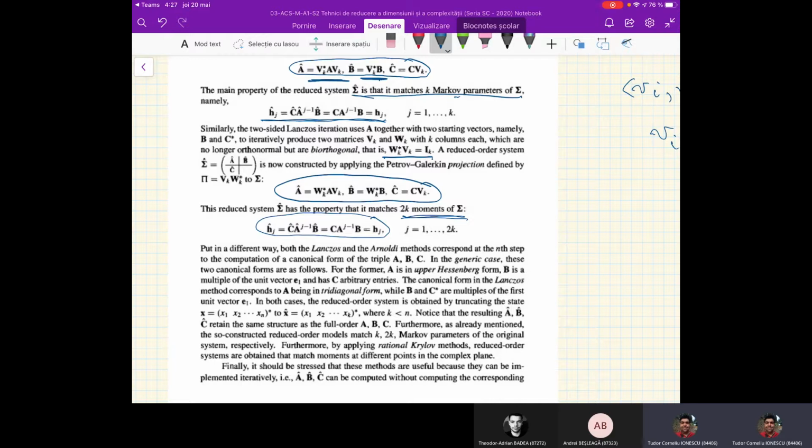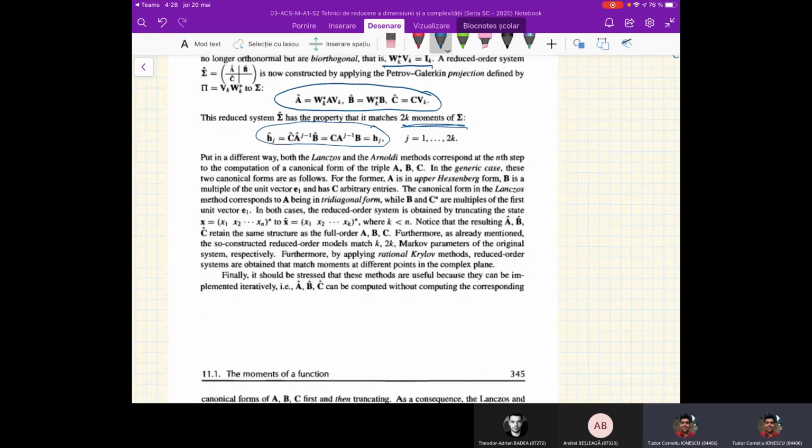This time, if you look closely, you match a number of Markov parameters twice the size of the reduced order model. So this is more accurate. With Arnoldi it's very simple, but with Lanczos you can get more accurate results.